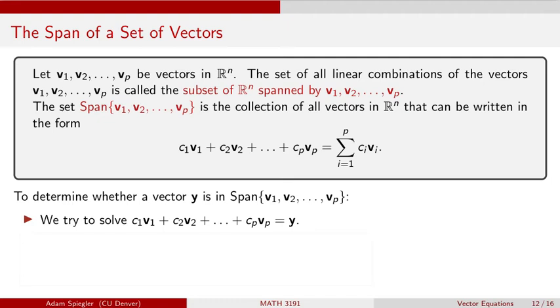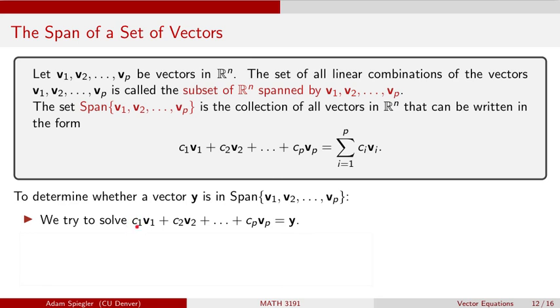So a very typical question in linear algebra would be, is a certain vector in the span of a certain set of vectors? So is the vector y in the span of the set of vectors v1, v2 up to vp? To try and answer this question, recall we can frame this in terms of a system of linear equations.